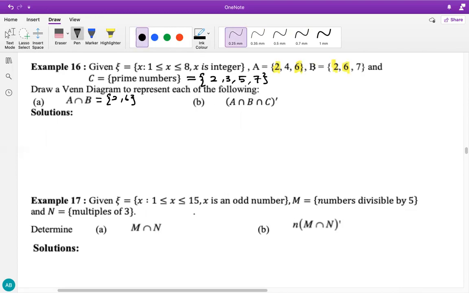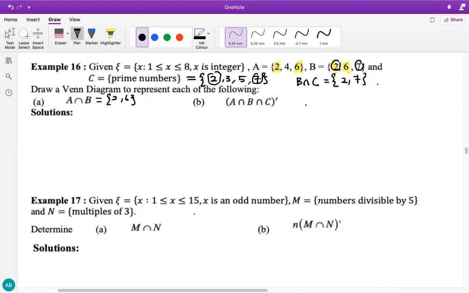Then B and C, the prime numbers. Before you can draw, we need to know the intersection between A and B, A and C, B and C. B and C will be 2, and 6 no, but you got 7, so 2 and 7.